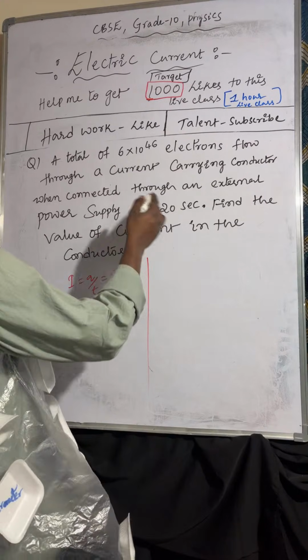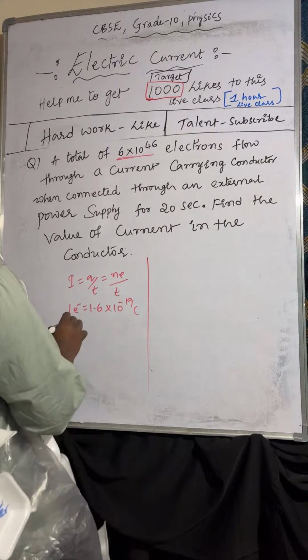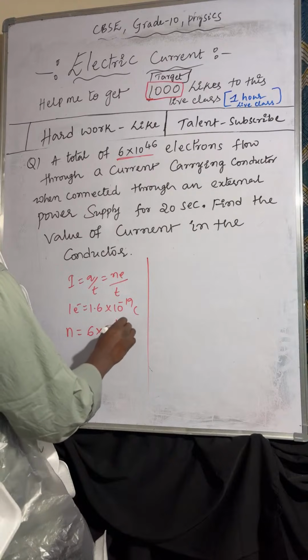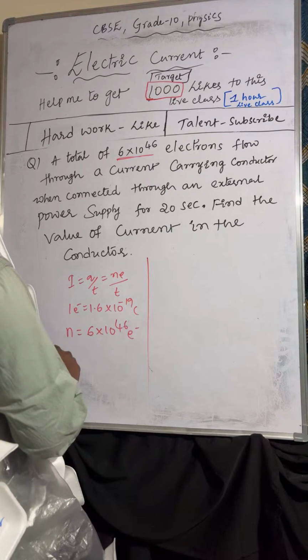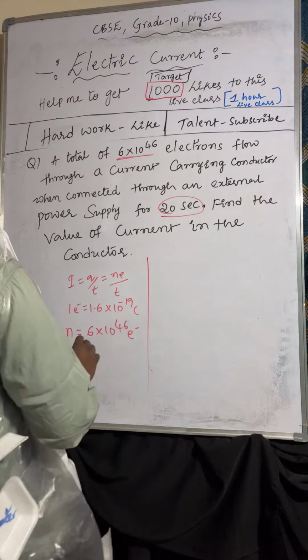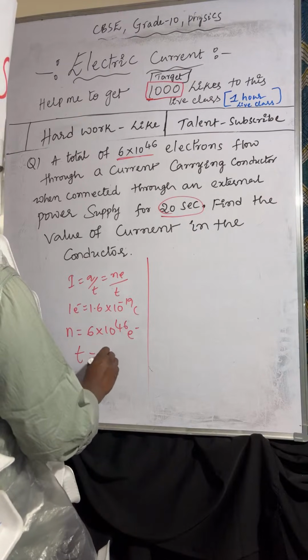Here N equals 6 into 10 power 46 electrons, and T equals 20 seconds.